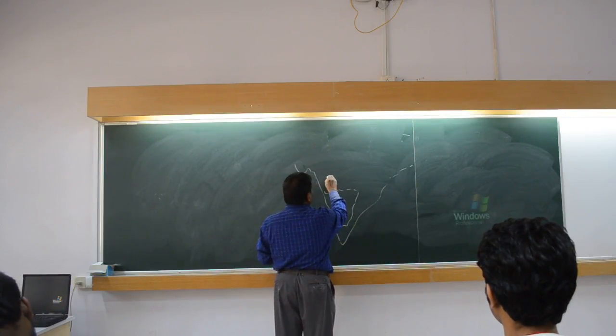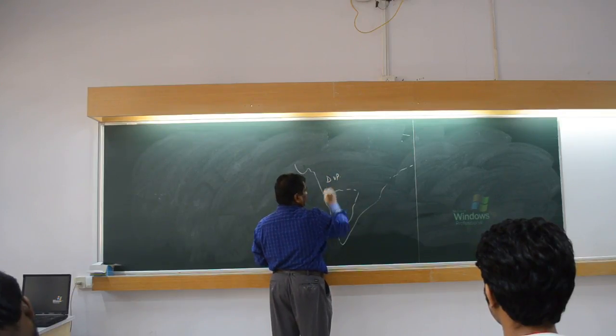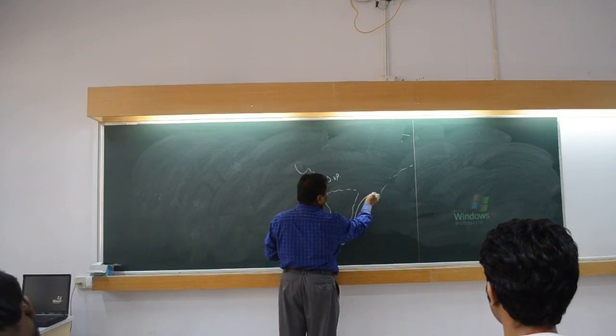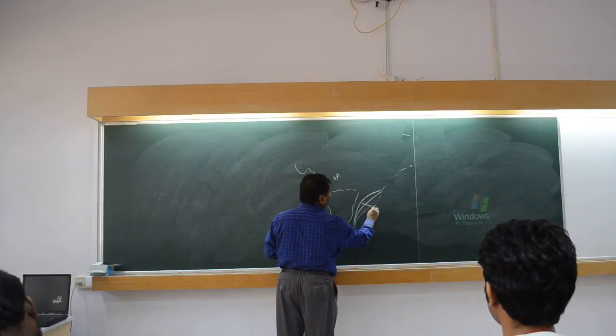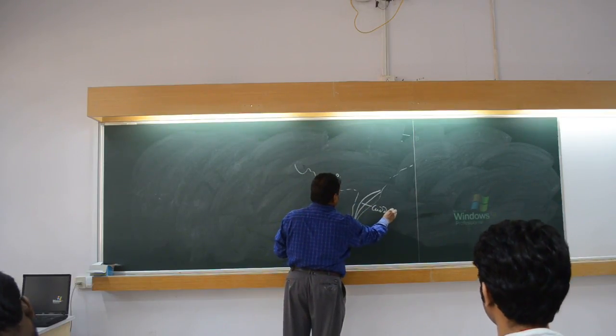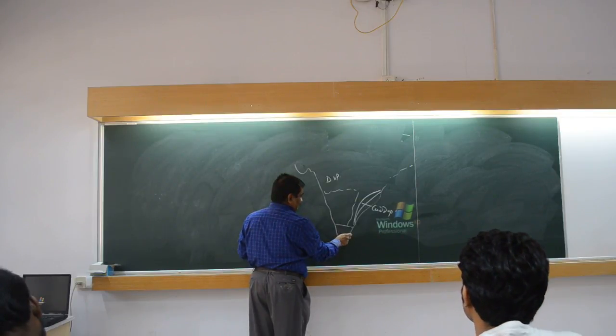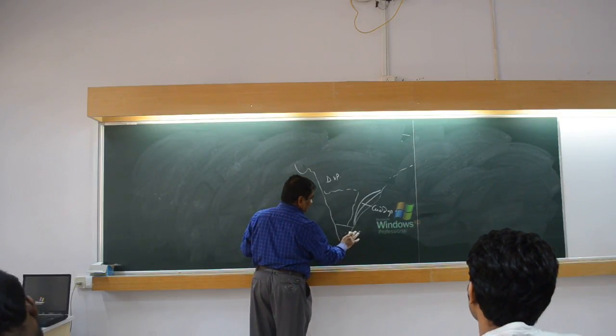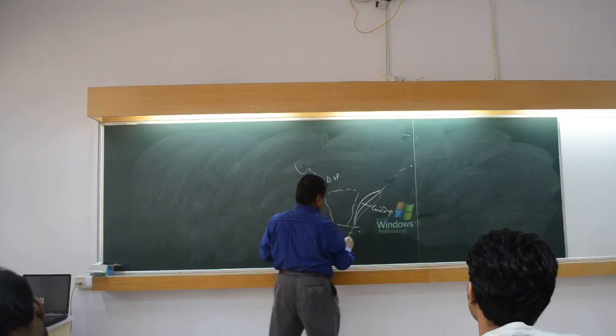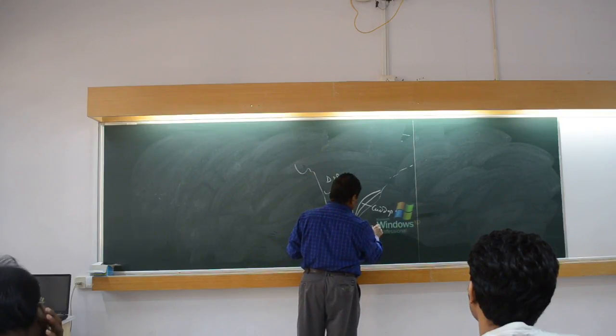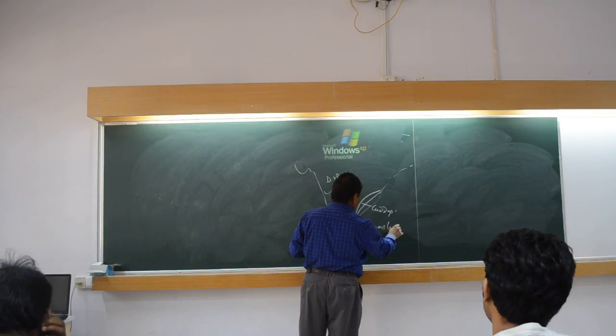Then आपको दिखाता हूँ. Here is Deccan volcanic province. This side you have Kadapa. South, this is called, you write Fermor's line, yeah? Fermor's line.